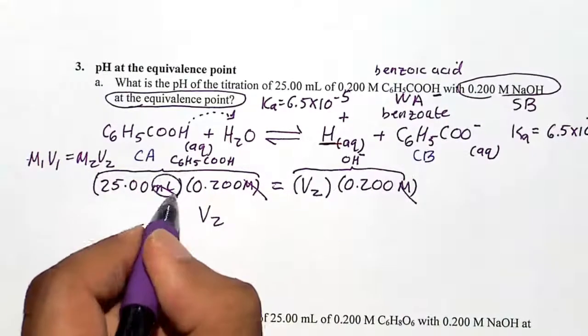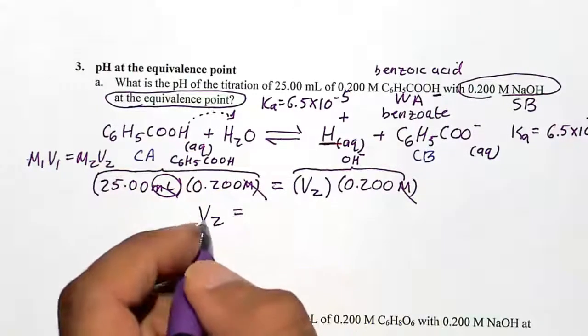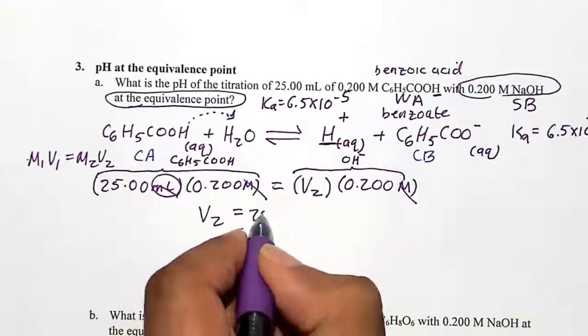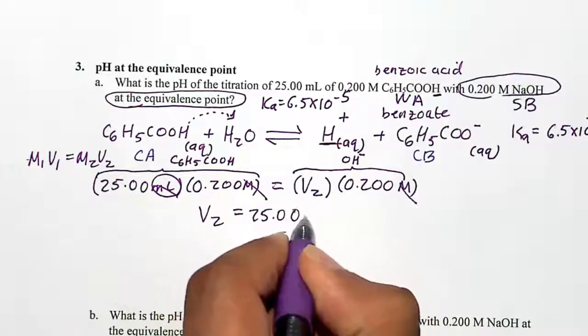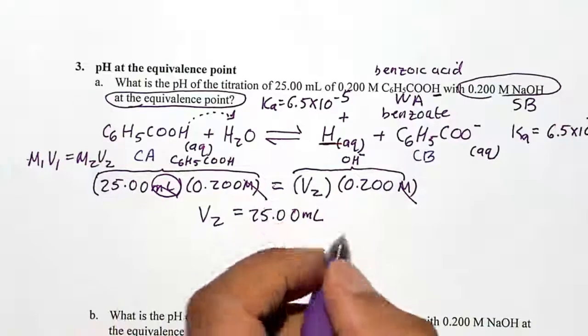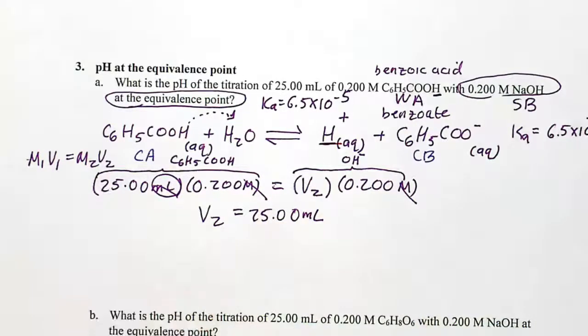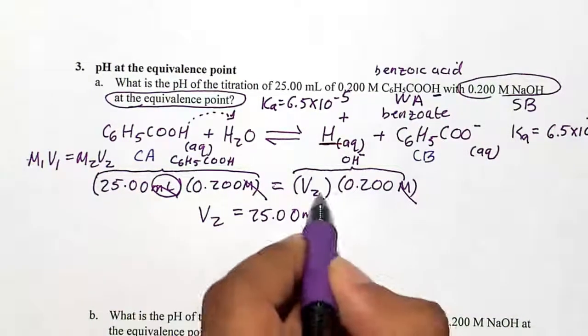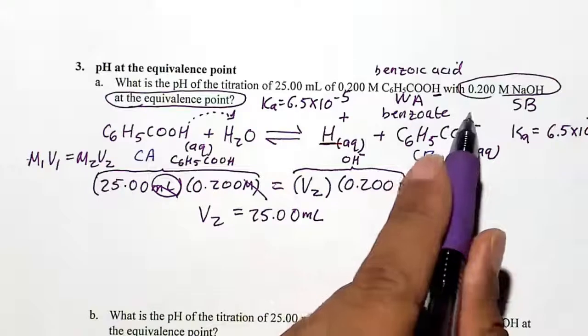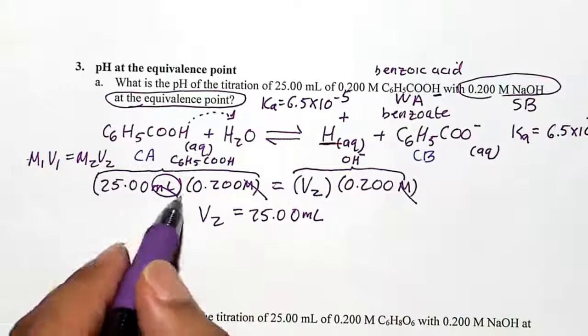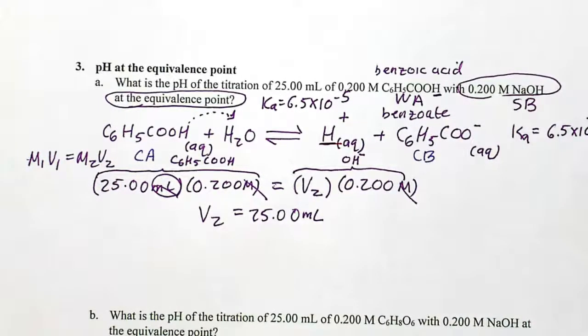You're left with the final units of mL. And the final answer is that it takes 25.00 mL of 0.2 molar sodium hydroxide to neutralize 25 mL of 0.200 molar benzoic acid. Well, no duh, right? 25 mL of 0.2 molar sodium hydroxide will neutralize 25 mL of 0.2 molar benzoic acid.